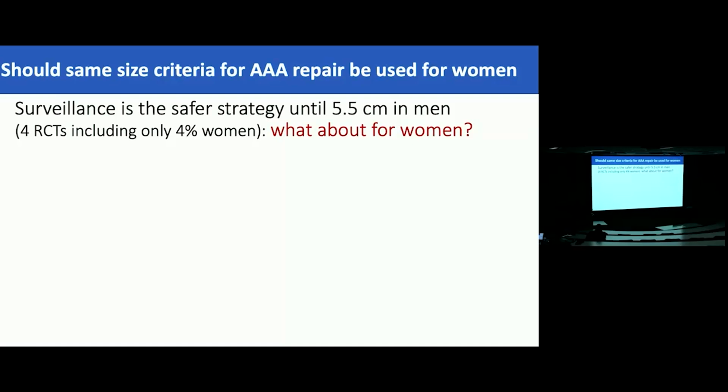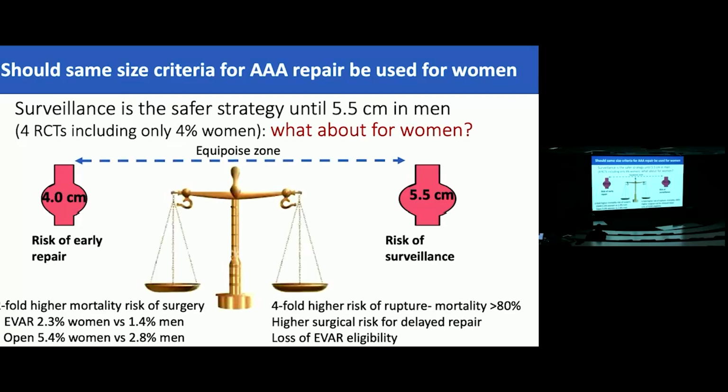But when you combine those 4 studies, only 4% were women. So based on data from 96% men, we have concluded that small aneurysms should not be fixed, but we don't know whether small aneurysms should be fixed for women. And so that's where the equipoise zone is. While there are risks for early repair, in that women do have worse outcomes with surgery, if we wait till 5.5, they have higher mortality and higher rupture risk.